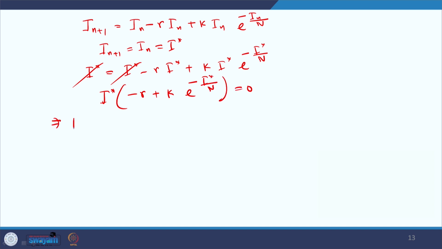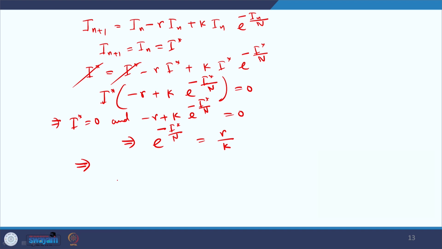So, this will imply I star equal to 0 and minus r plus k e to the power minus I star by n equal to 0. And this will imply e to the power minus I star by n equal to r by k. This will imply minus I star by n equal to ln r by k.